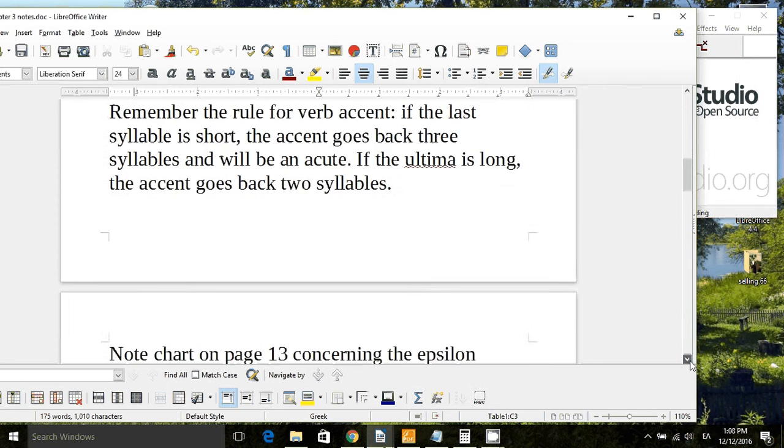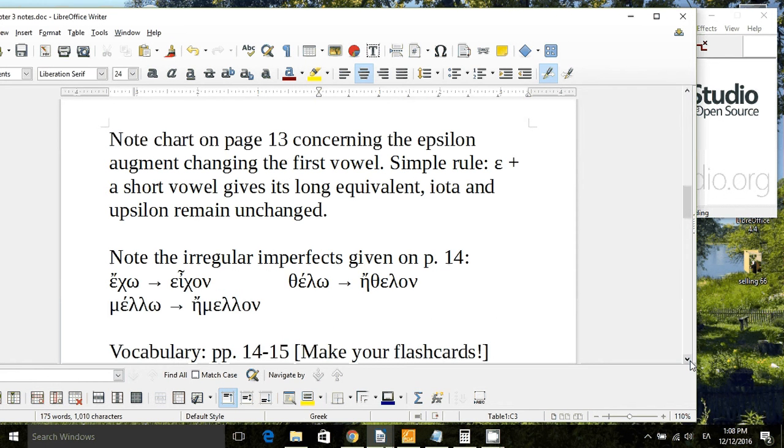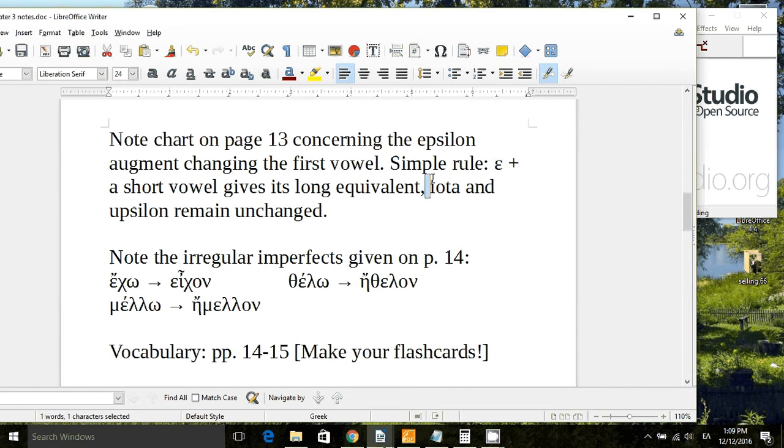All right, so memorize those forms. Note the chart on the bottom of page 13, considering the epsilon augment. So we're adding an epsilon to the stem to make the imperfect. Well, some stems begin with vowels, and so when we add a vowel to a vowel, those vowels want to run together. What happens when you add an epsilon to a short vowel is that you get its long equivalent.